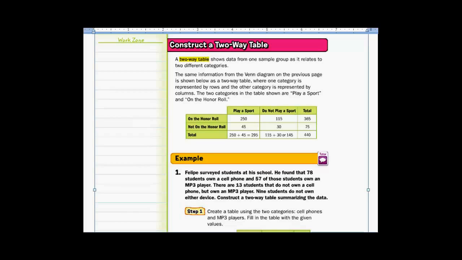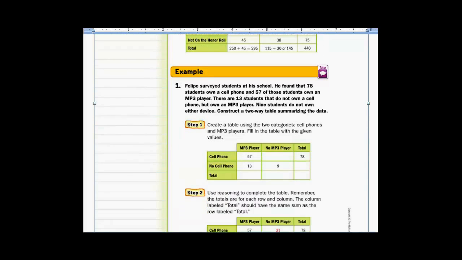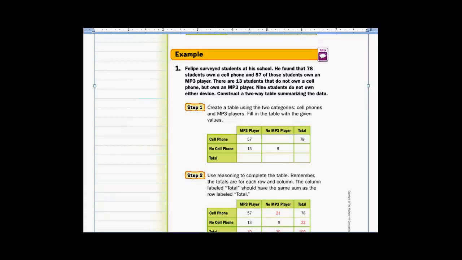Some categories are represented by rows and the other categories represented by columns. If you want to find the relative frequency, you would take the number playing a sport divided by the total, or the number not playing a sport, whatever it wants you to do. But it will ask you to find the relative frequency either by row or column. So that is important. All right, let's look at this first example.